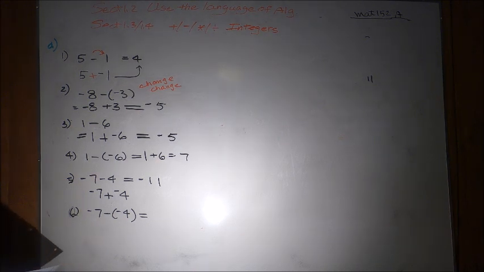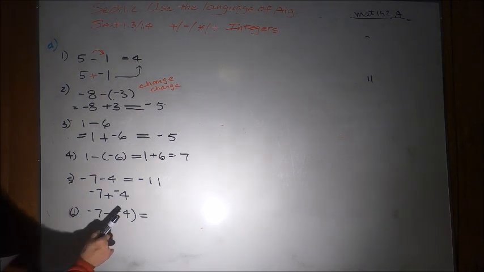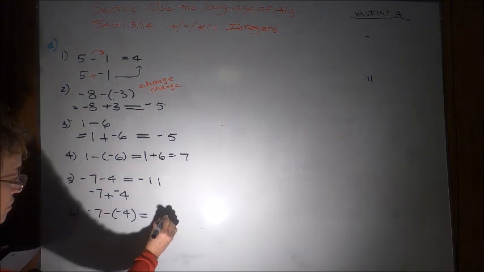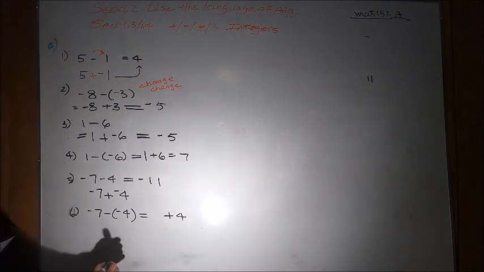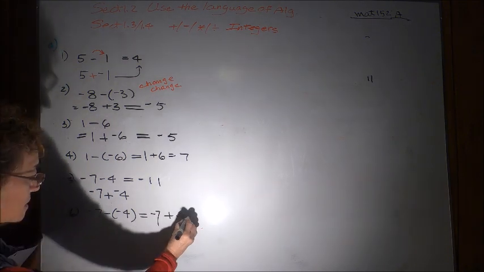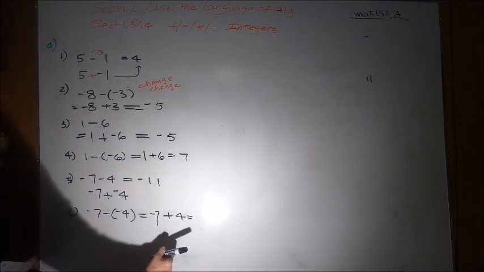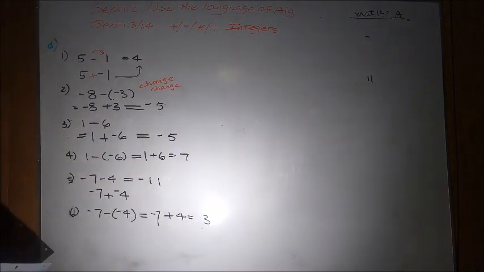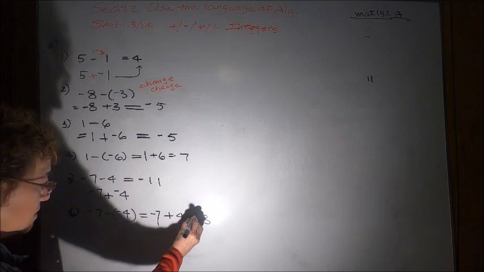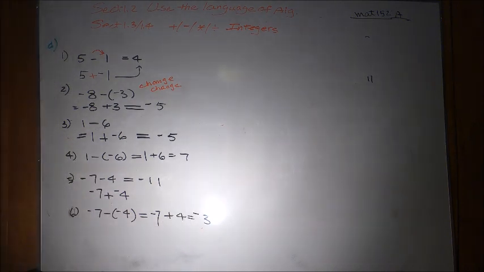How about this one? Minus negative, change. So it's plus 4, right? First number is negative 7. Different signs, find the difference. 7 and 4, that would be 3. Then you use the sign of the larger number, 7, which is negative. Good?